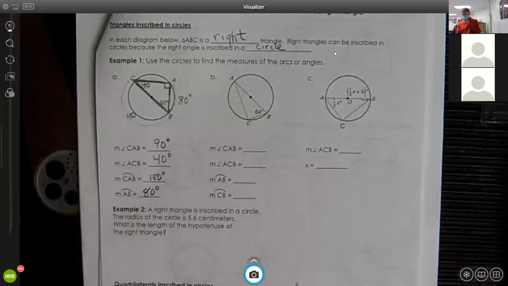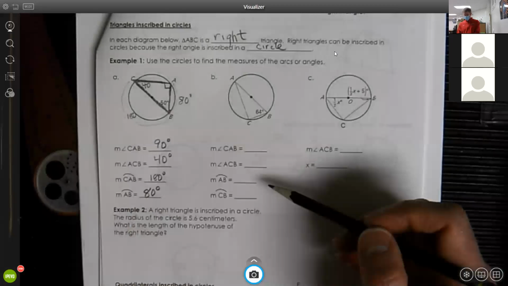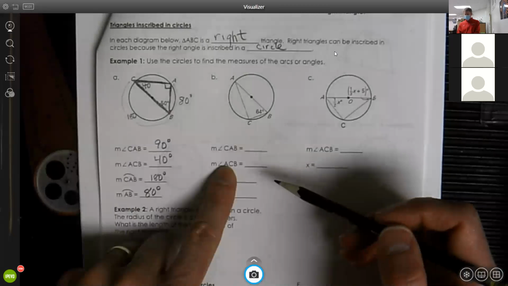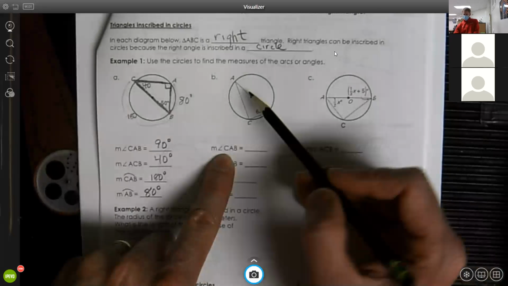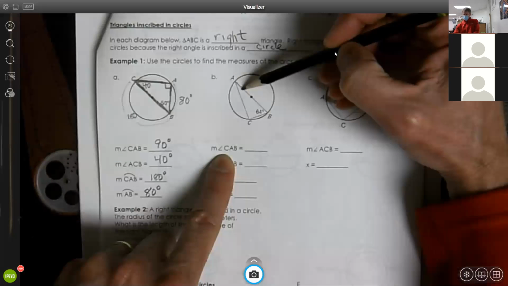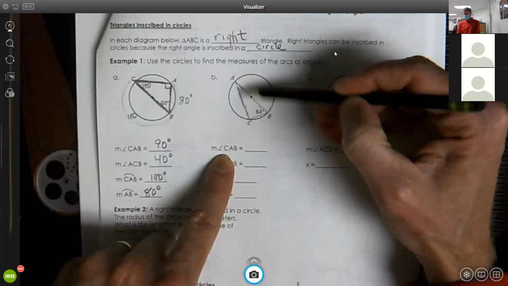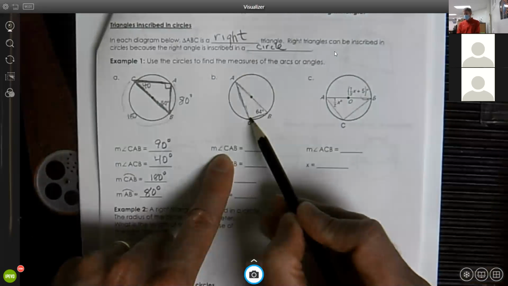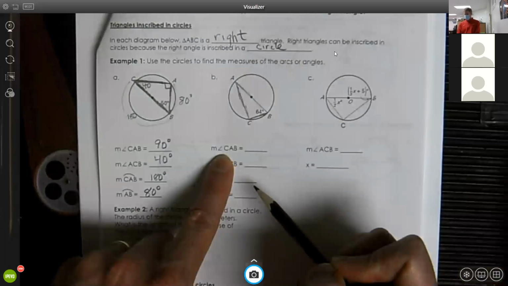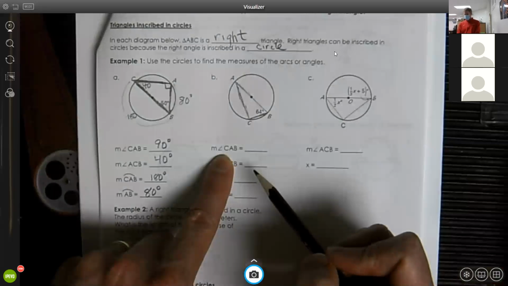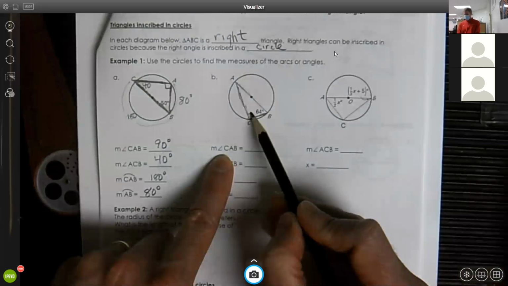We come over here to the next one, and we see that we have a diameter, and this inscribed angle is touching the endpoints of the diameter. So that's going to be a right angle.